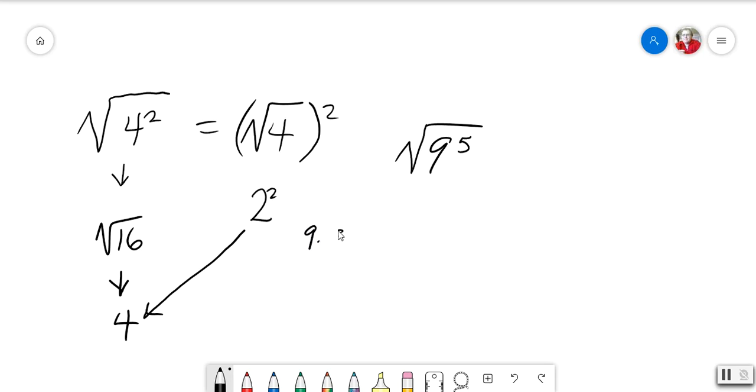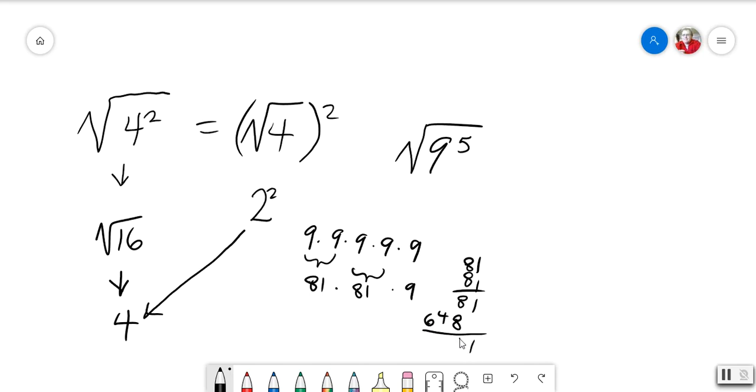It would be 9 times 9 times 9 times 9 times 9, which would be 81 times 81 times 9. 81 times 81 is 6,561, then times 9.